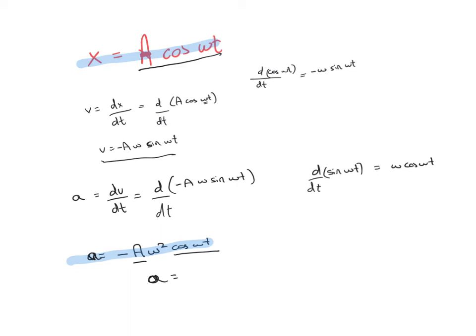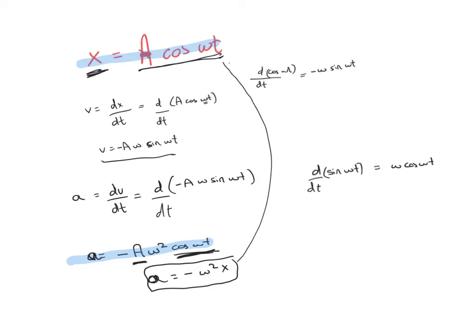So acceleration is minus omega squared x, because a cos omega t stands for x, so I can rewrite this as the expression that we came up with for simple harmonic motion.